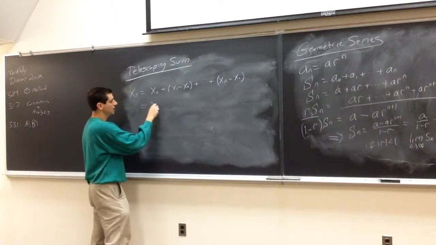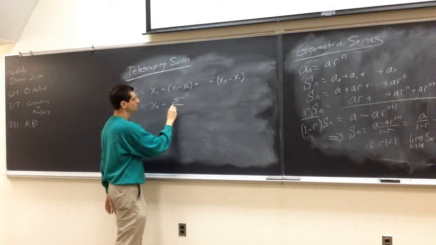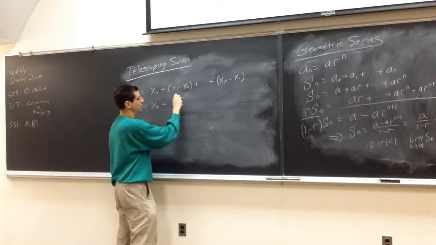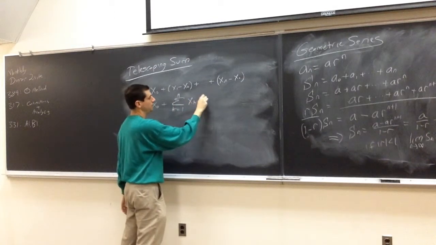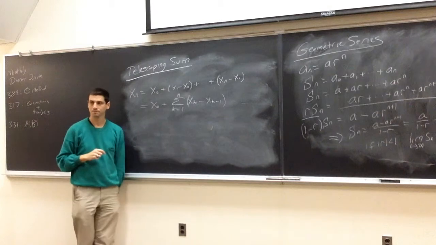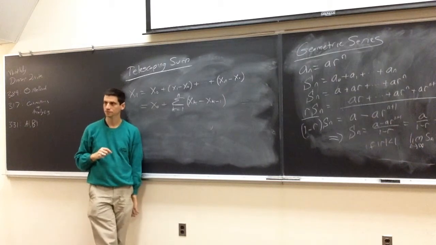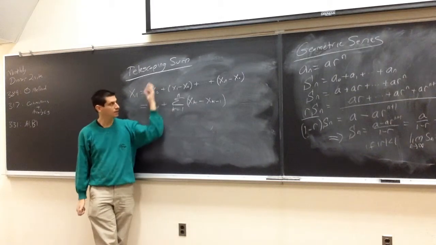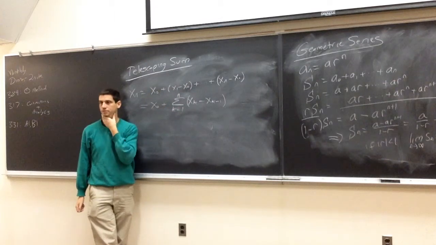I can write this as x naught plus the sum, k goes from 1 to n, of xk minus xk minus 1. And now we want to understand what's going on here.